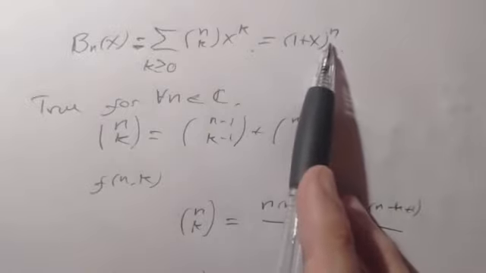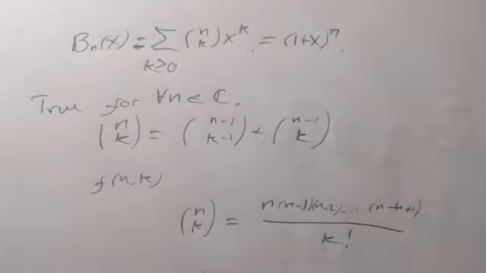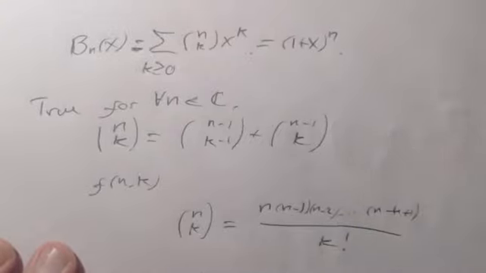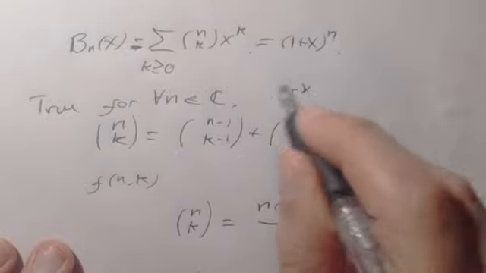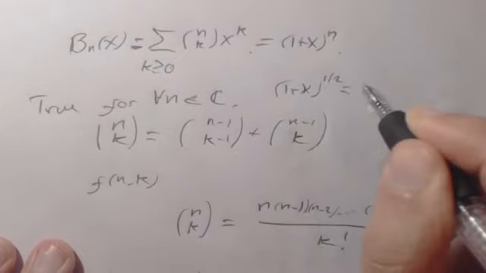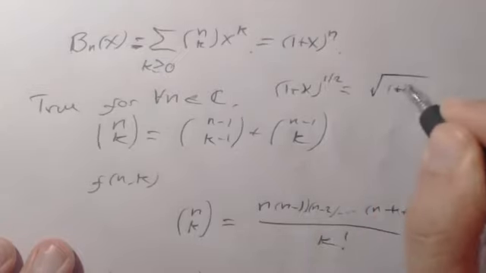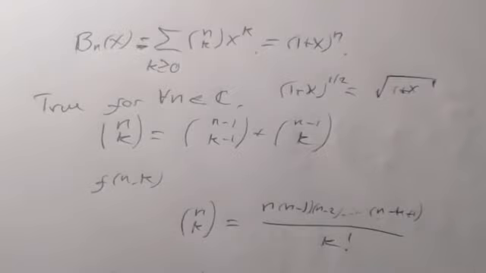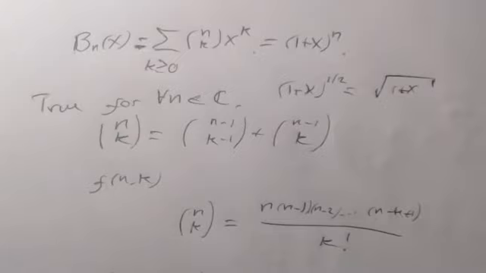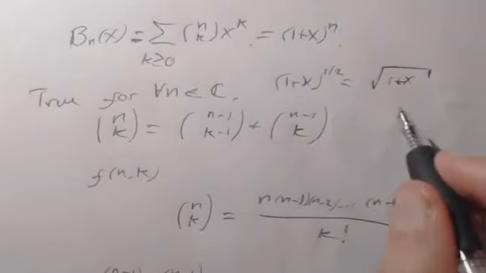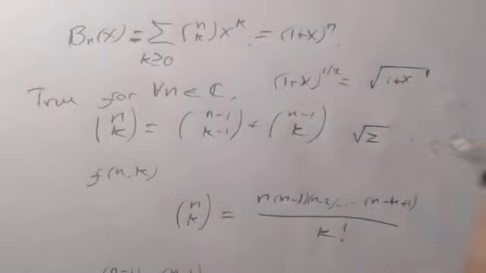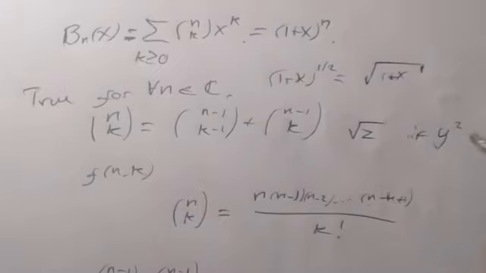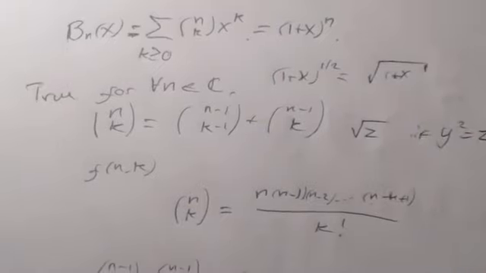But if we just consider n a half, for example, which is square root, so (1 plus x) to a half is square root of 1 plus x, and we already know that there are 2 square roots of everything. Because if you consider, well, what's the square root of z? Well, if y squared equals z, then y is the square root of z.